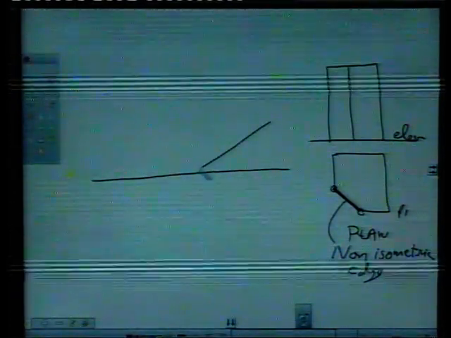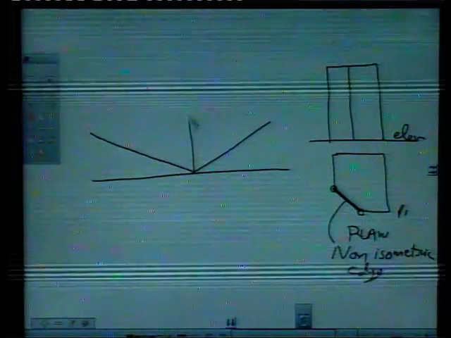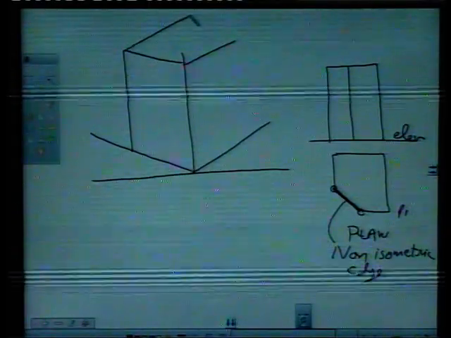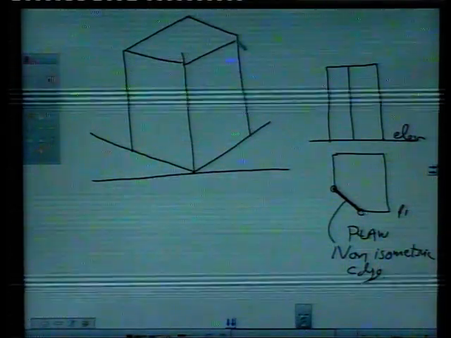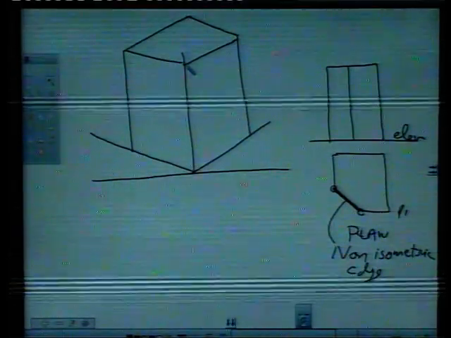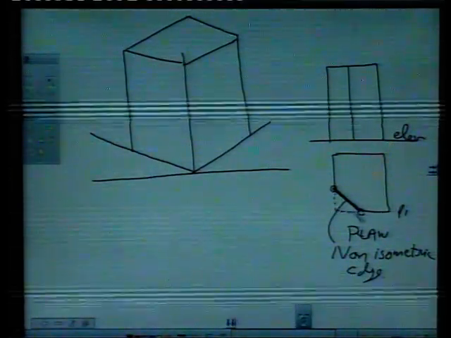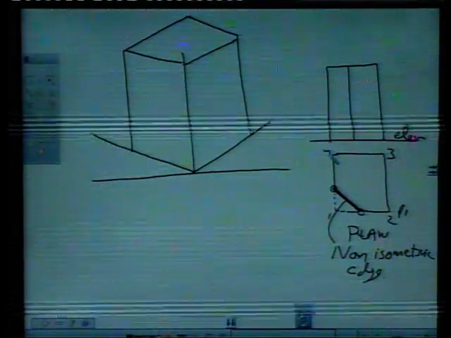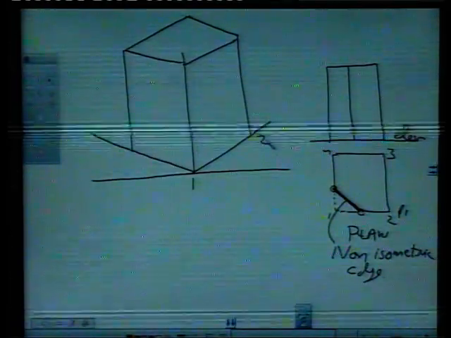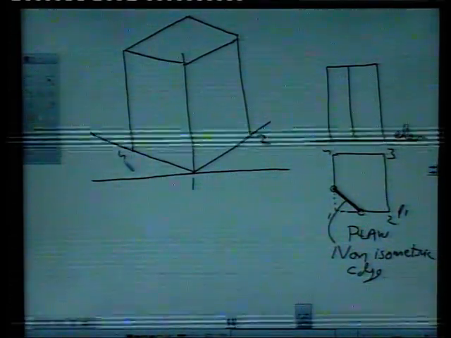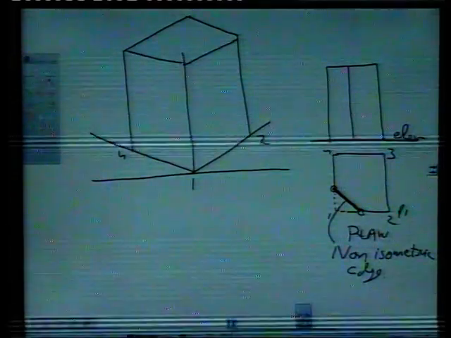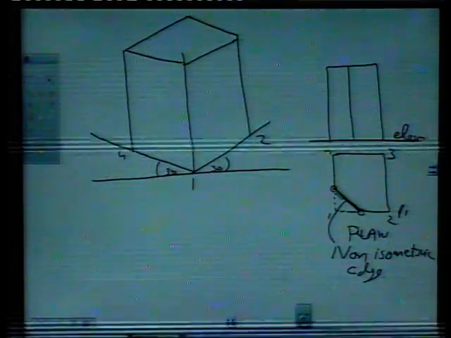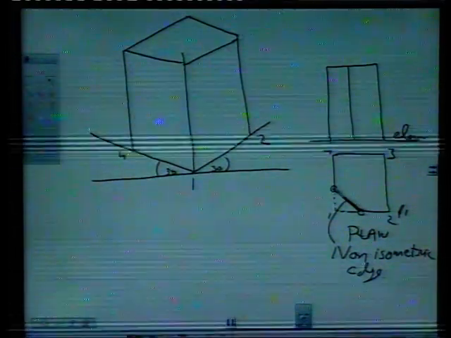First, complete the cuboid without any chamfering. Imagine it like this. 1, 2, 3, 4. Say this is 1, this is 2, 3 is hidden, and this is point number 4. We have simply drawn cuboid without chamfering. Then how to locate this chamfered edge? For locating this, just measure this.